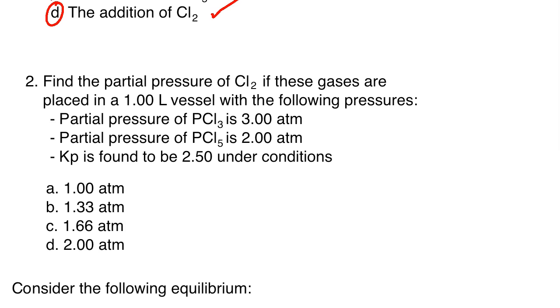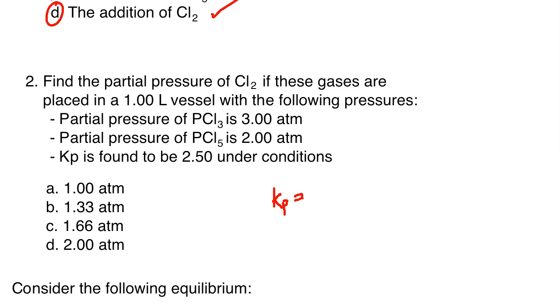So what I really want to set up here is my Kp equation. Now, it's products over reactants. So the products here are going to be the Cl2 and the PCl3, and then we also have the PCl5, that's the reactant, so that's going to go at the bottom.